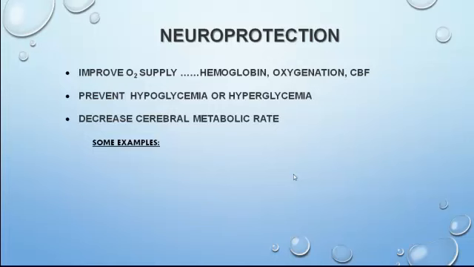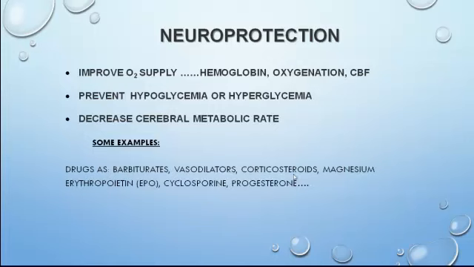Examples of our management: drugs such as barbiturate, vasodilators, corticosteroid, magnesium, erythropoietin, cyclosporin, and progesterone. These are some drugs that can be used to elicit a neuroprotection protocol.